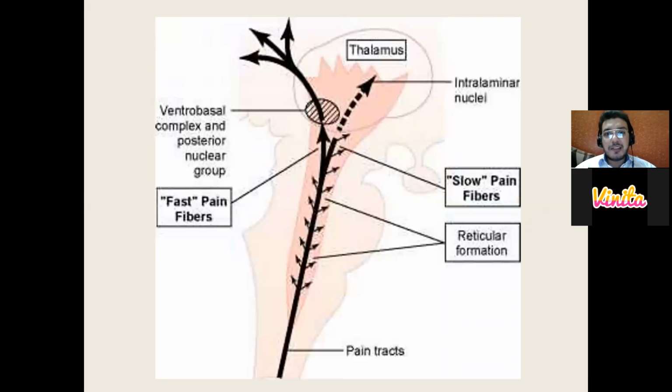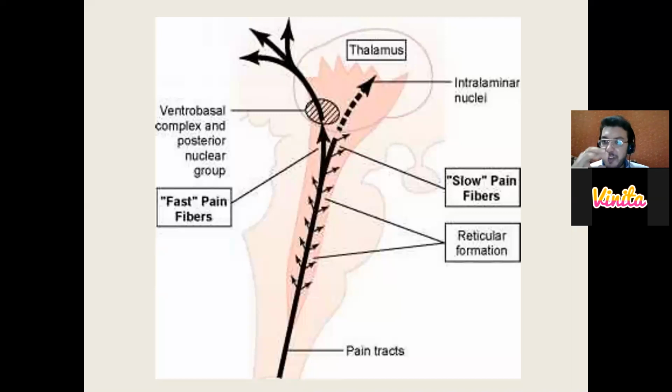I want you to understand that the pain tracks, as we are almost concluding the webinar now, as I said, you have got two types of pain. You have got fast pain, you have got slow pain. When you have fast pain, can you see the brainstem, where you can see the reticular formation?